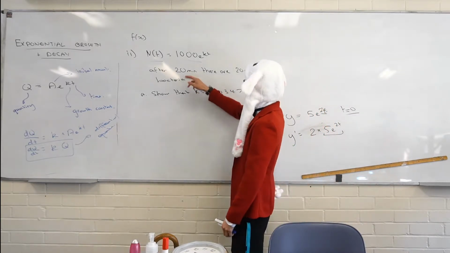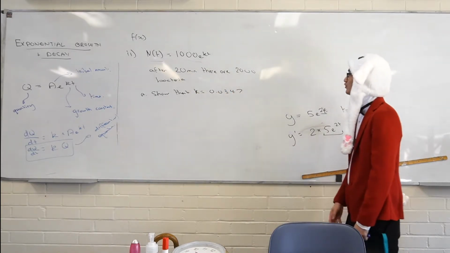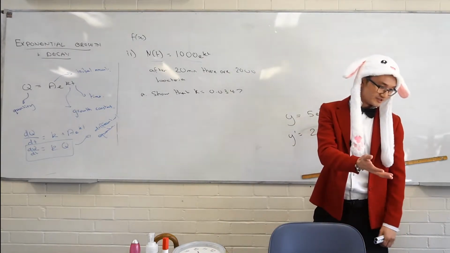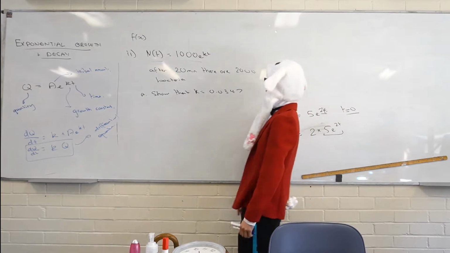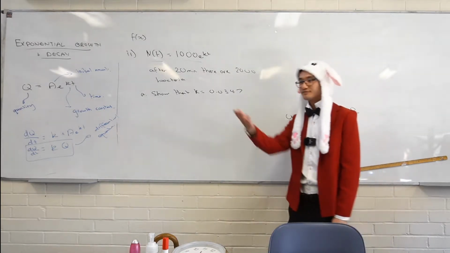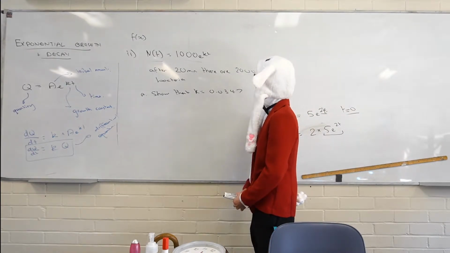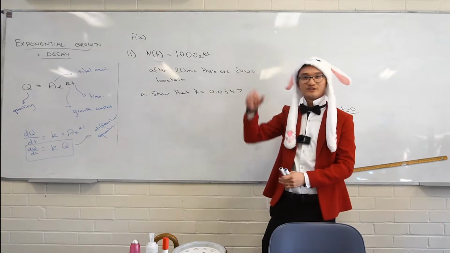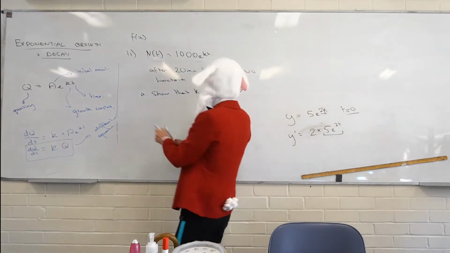But what is helpful is this piece here, because after 20 minutes, there are 2,000 bacteria. So if t is in minutes, which it is, what values can I put in? 2,000, e to the power of 20k. Right, this is a word expression, so let's think about a mathematical expression.